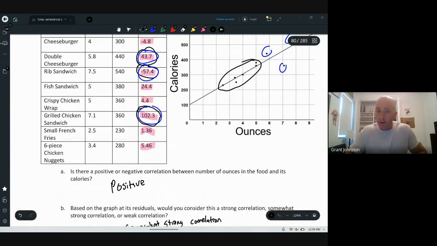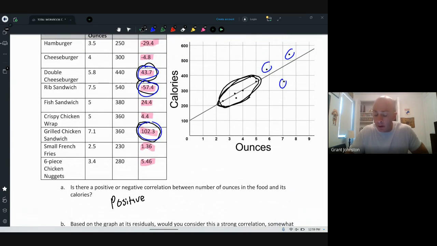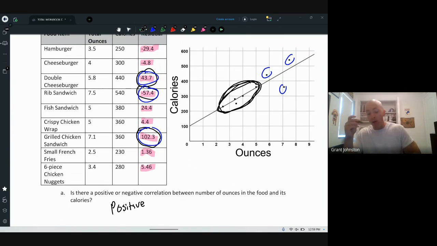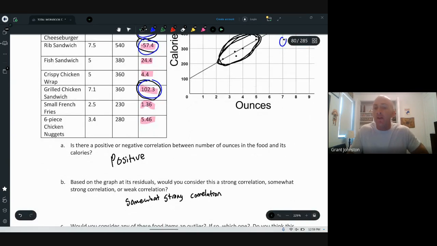Because this kind of indicates a pretty darn strong correlation, and negative 29.5, that's not terrible. Negative 4.8, not terrible in terms of correlation. There's some really tight data, but it's not incredibly strong. So I'm just going to say somewhat strong.